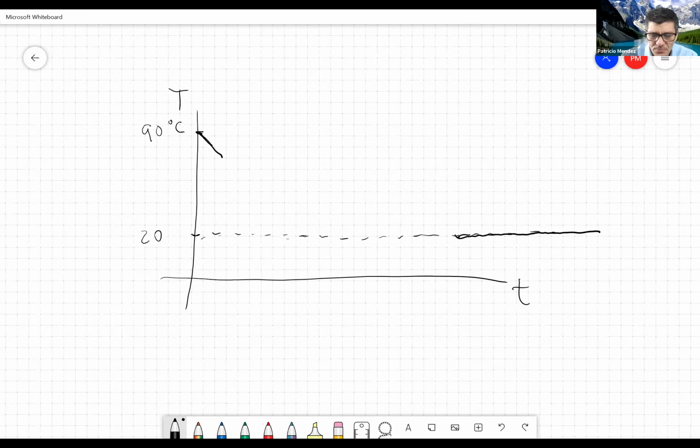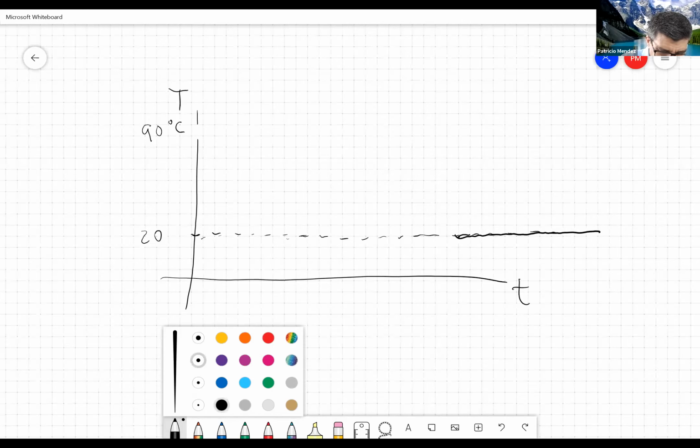Now, how much imagination does it take to see what the evolution would be? And now, no math involved, right? It's going to be a curve like this.